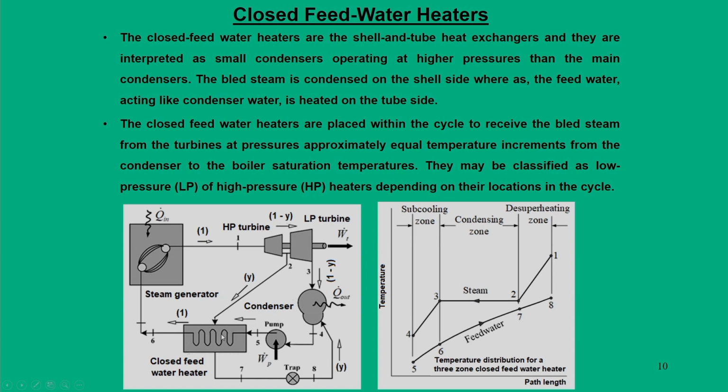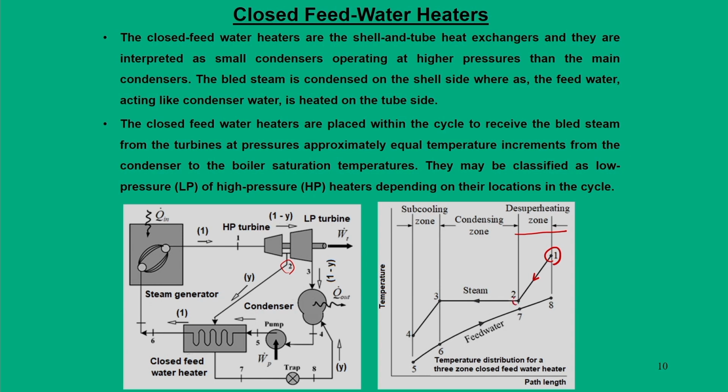Now, through this exchange process, what happens? If you look at this particular diagram, ideally the steam that comes here at state 2 is in a superheated region, and its temperature drops first. When the temperature drops first, we say it is a de-superheating zone. So, in the first process its temperature drops.